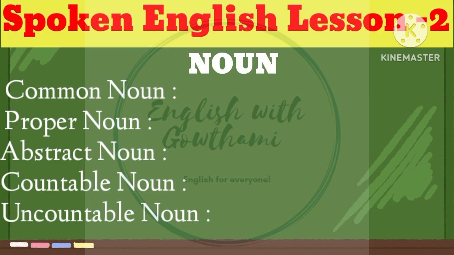Coming to common noun, let us see some examples. Boy, city. Coming to proper noun, Raj, Delhi. Here we are specifically going to mention that person or that place, whereas if we are not mentioning that person or that place, it comes under common noun.